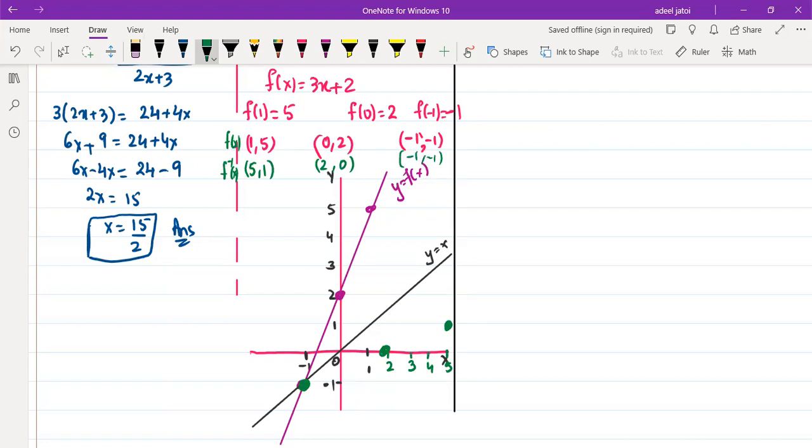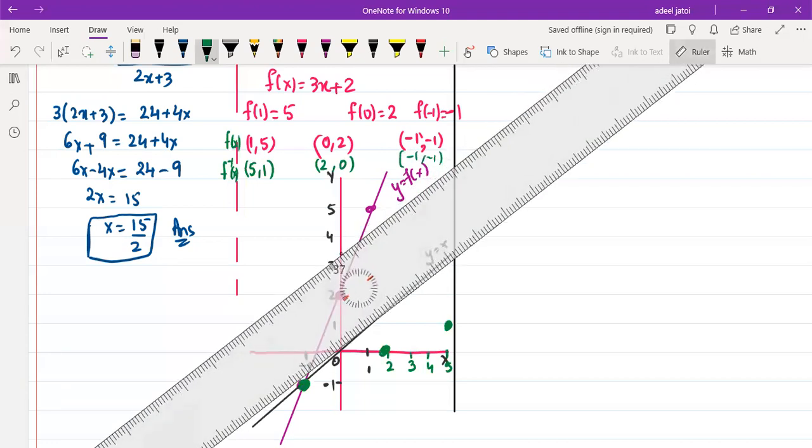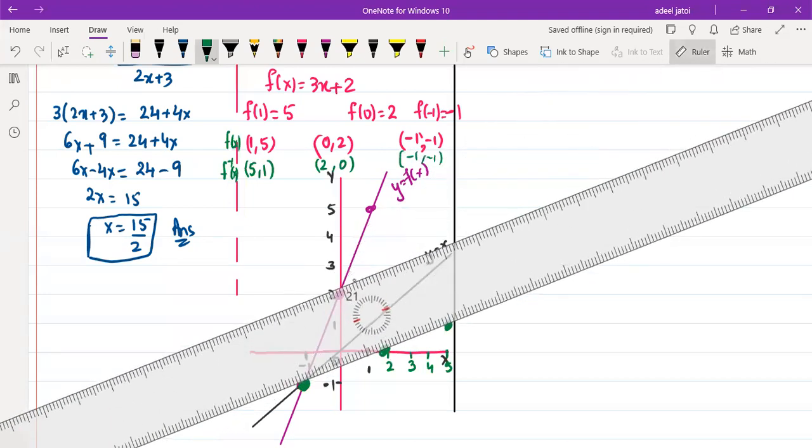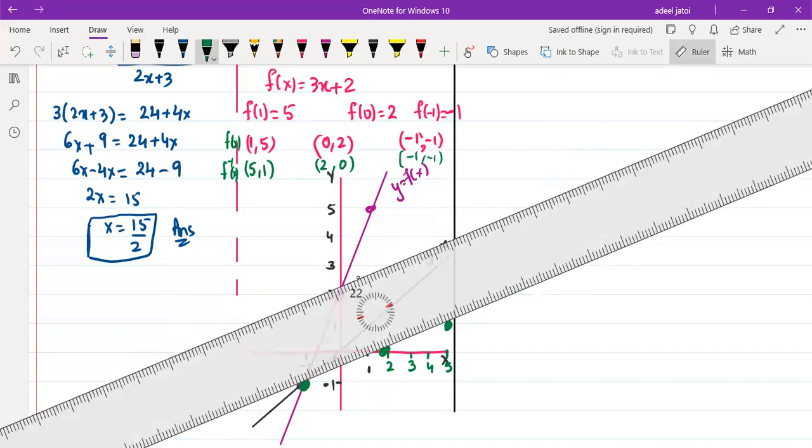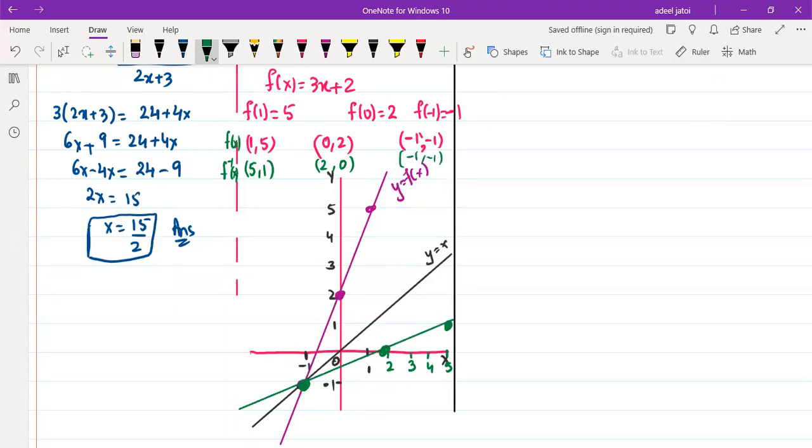There will always be a point on the line y is equal to x. So this point crosses what? The points, and this line is the line for y is equal to f inverse of x.